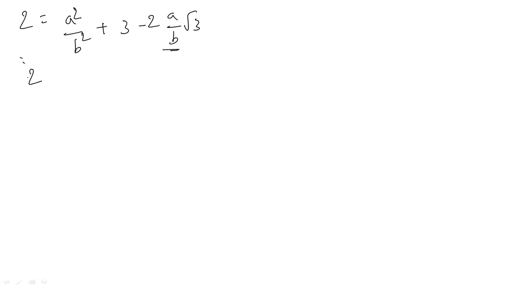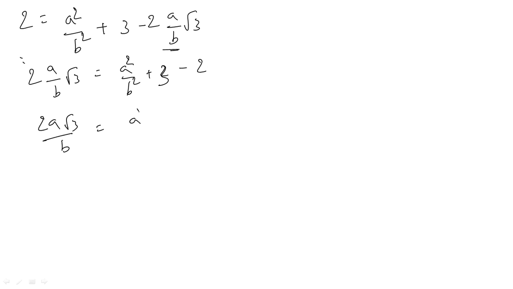So, minus 2a by b root 3 becomes plus when we are sending it to the RHS: a square by b square plus 3 minus 2. This plus 2 becomes, when you are sending it to the RHS, minus 2. So, 2a root 3 by b is equal to a square by b square plus 1. 3 minus 2 is 1.